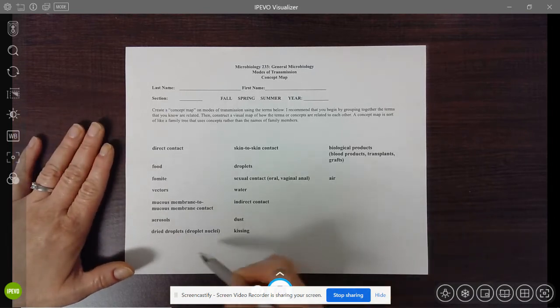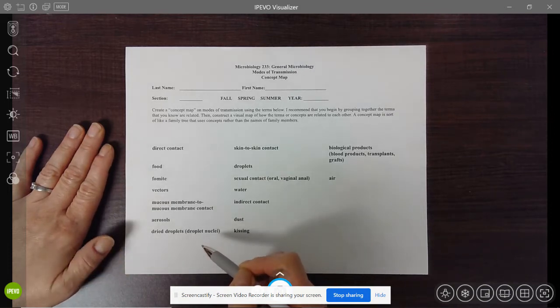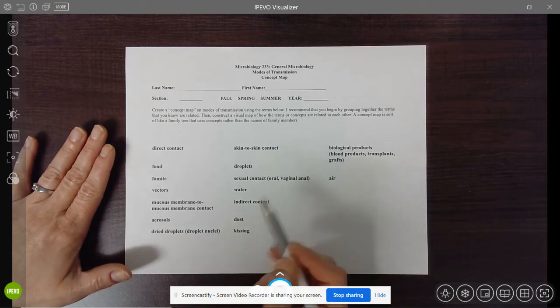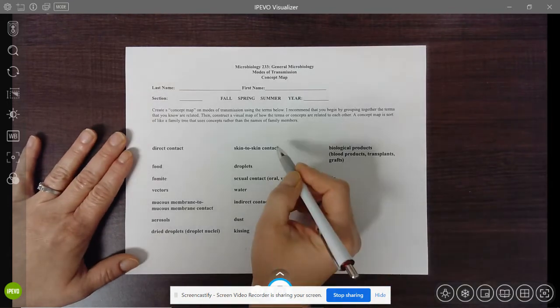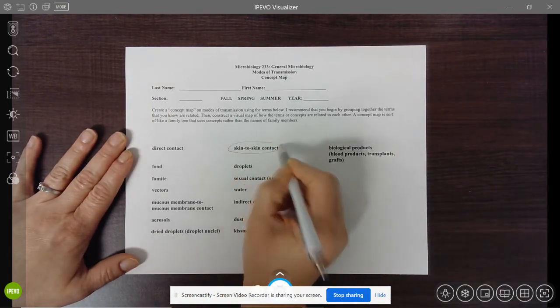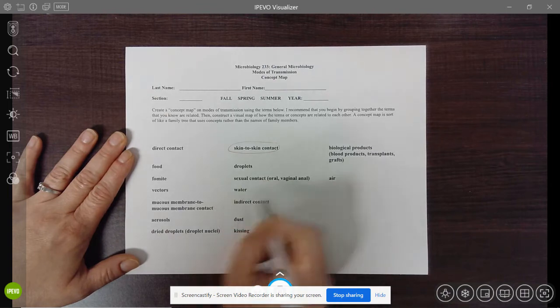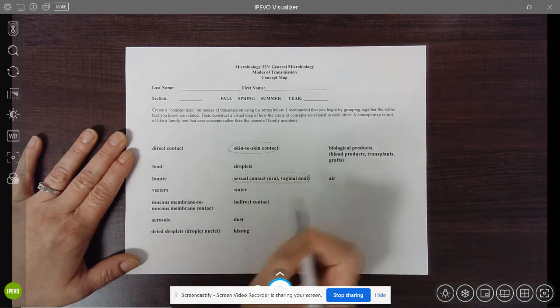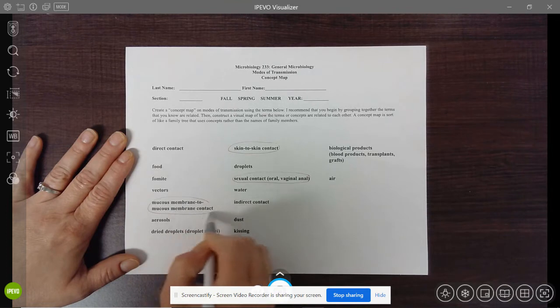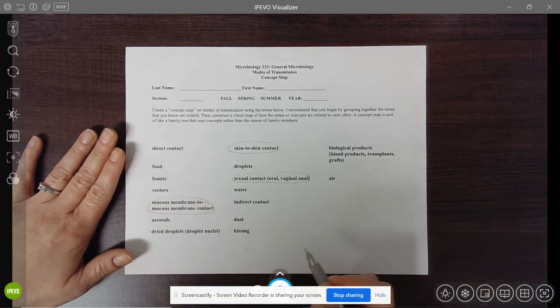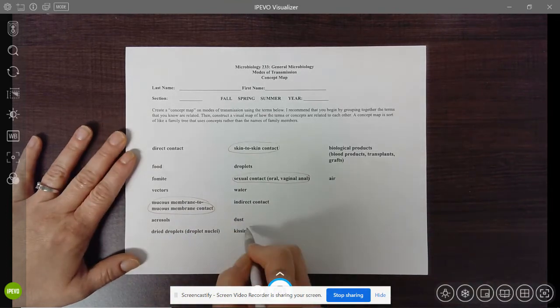So by looking at this, there are some things that I notice. There are some types of contact which seem like they are very close contact. So when I'm looking at this, I'm looking at things like skin-to-skin contact, sexual contact, mucous membrane to mucous membrane contact, and also kissing.